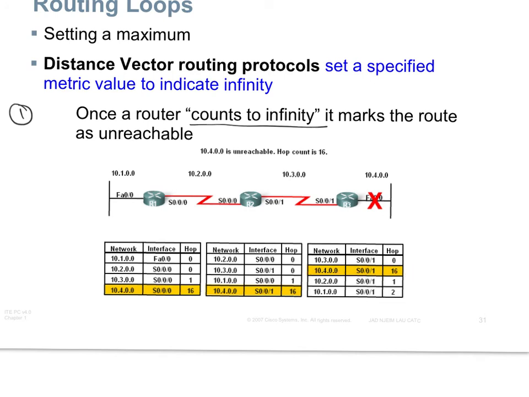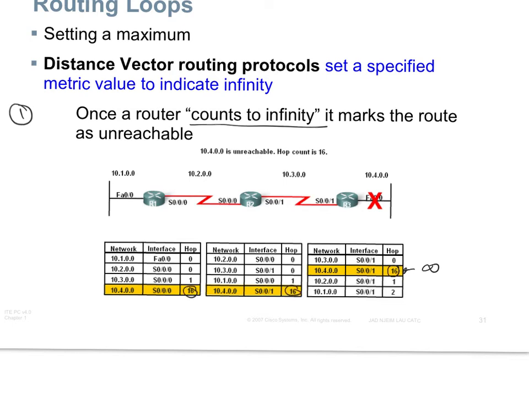So we will avoid doing that. Instead of crossing this route from the routing table, if this link goes down, we will keep the route, but I will set the metric to infinity, and just forget about 16 for now.